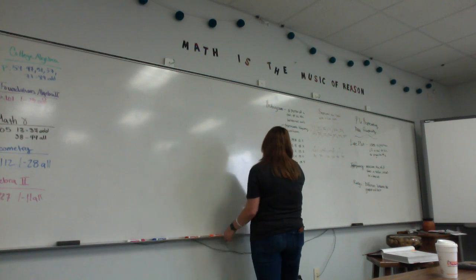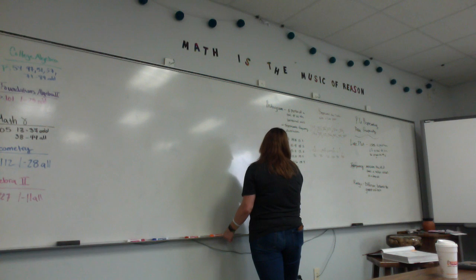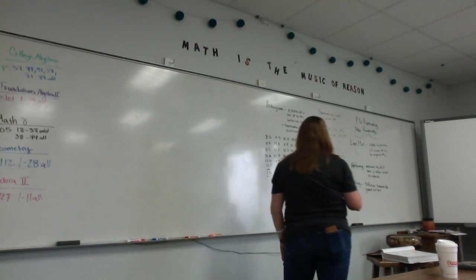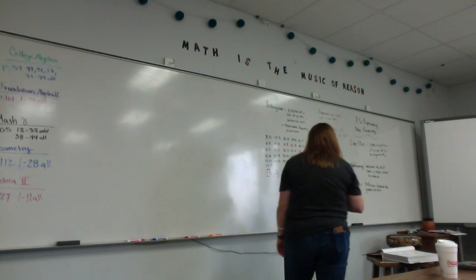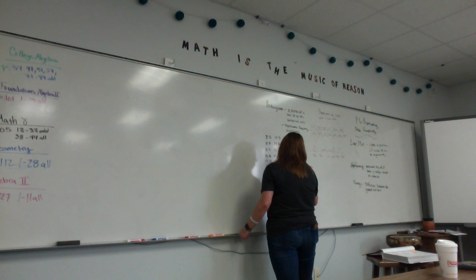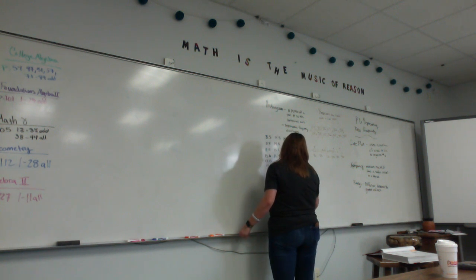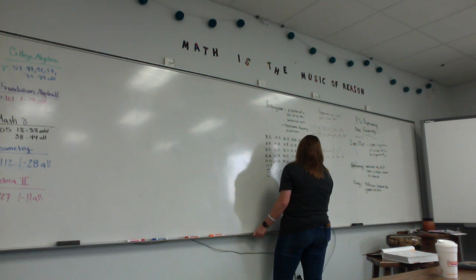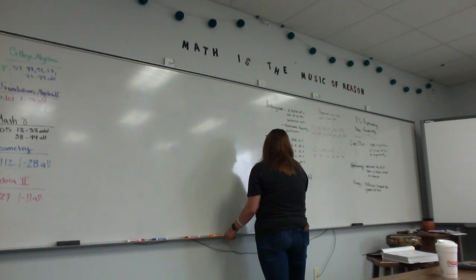Let's say my first interval includes 8 and goes to 10. My next interval includes 10 and goes to 12. Then it includes 12 and goes to 14, then 14 to 16, and then 16 to 18.